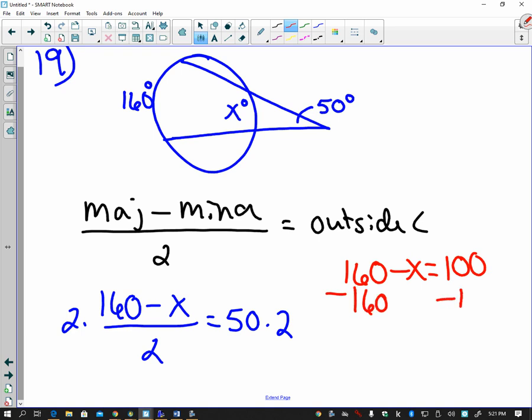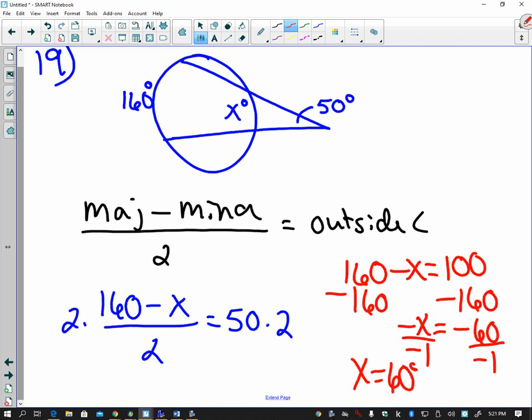Subtract 160 from both sides. Negative x equals -60. Divide by -1. X should equal 60 degrees. But I'm on a roll with not getting these right tonight, so let's double check. 19, 60 degrees. Very good.